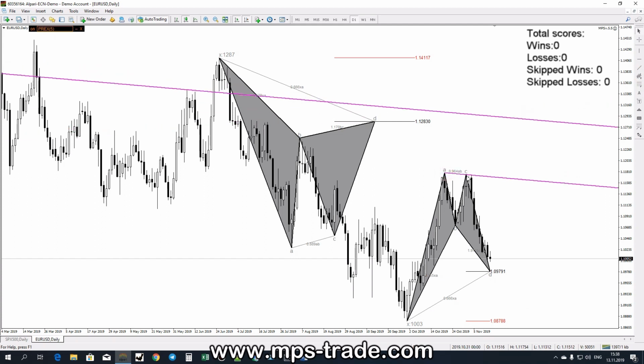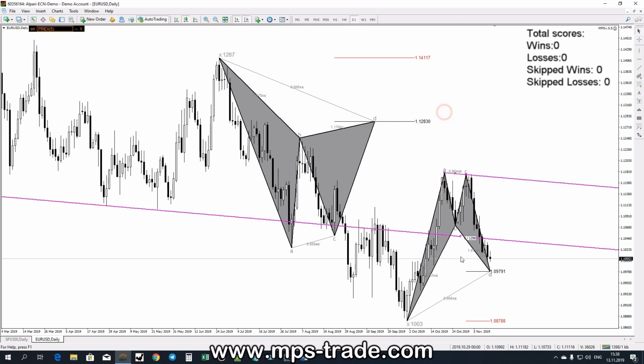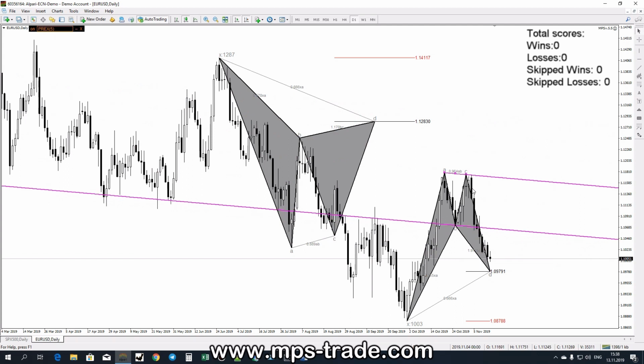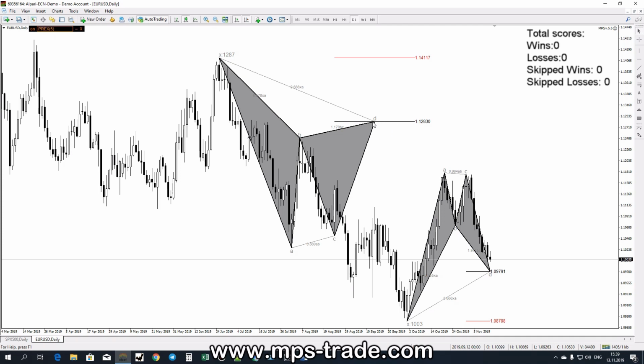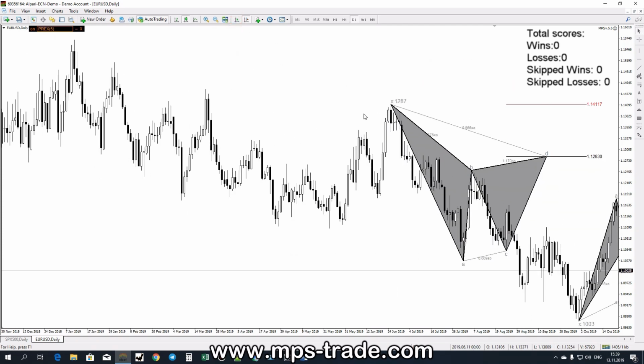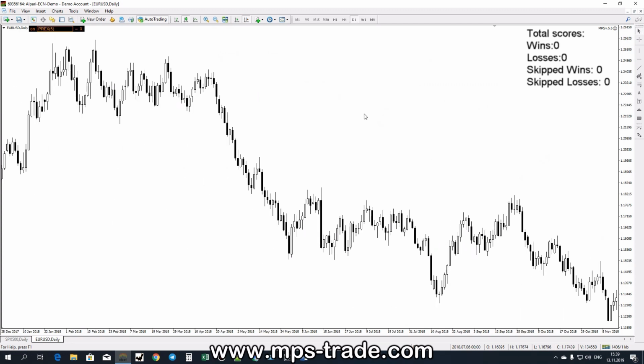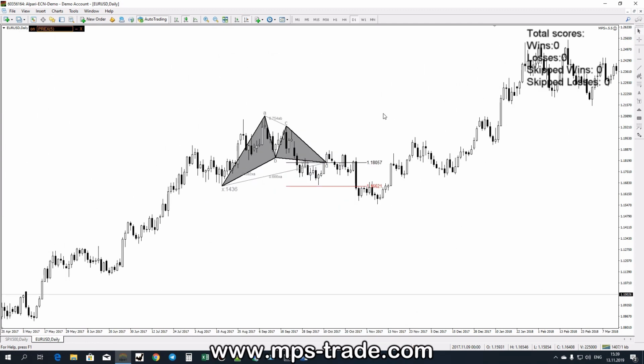If you draw your channel and project it here, we had some rejection and consolidation. You see these wicks to the upside. Some guys tried to push it higher, but then it broke to the downside. So the channel was broken to the downside and the structure is no longer valid, so you don't trade it. This is pattern number 1. It never went on to complete the pattern. And now let me find some more examples.